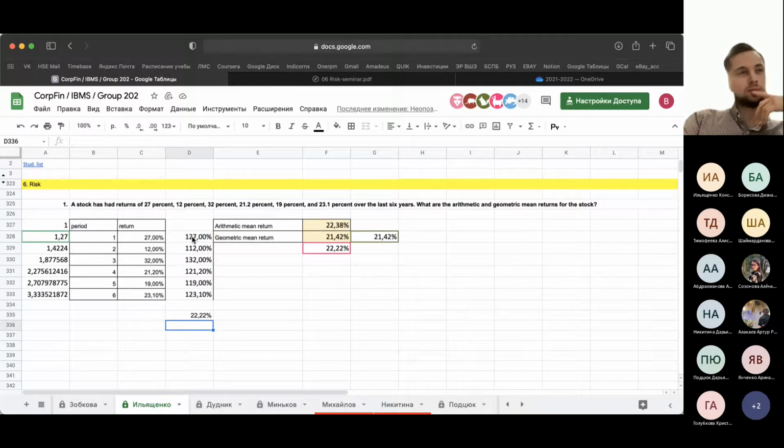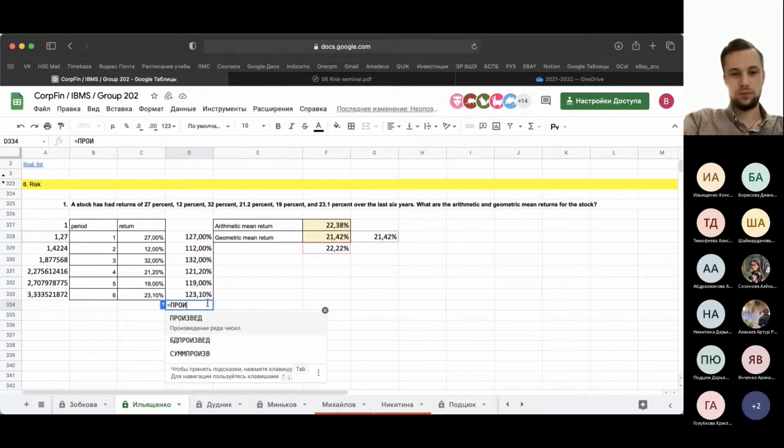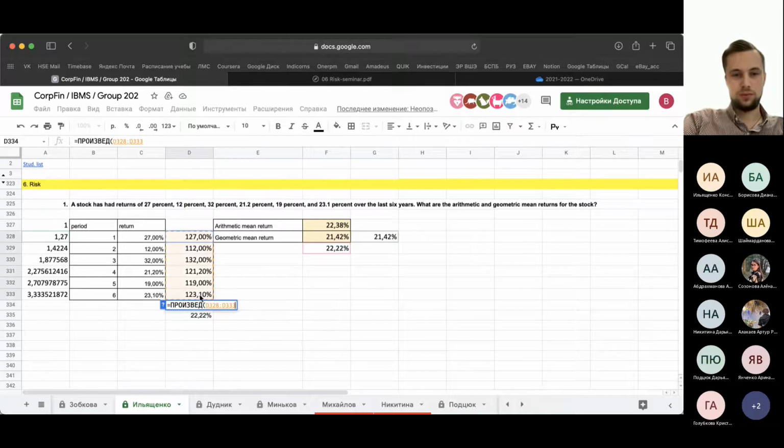So we are multiplying these numbers, and we are actually finding the whole return. If we multiply them all, that's about 3.10. That's the whole return that we get for all the periods, from period 0 to period 6.